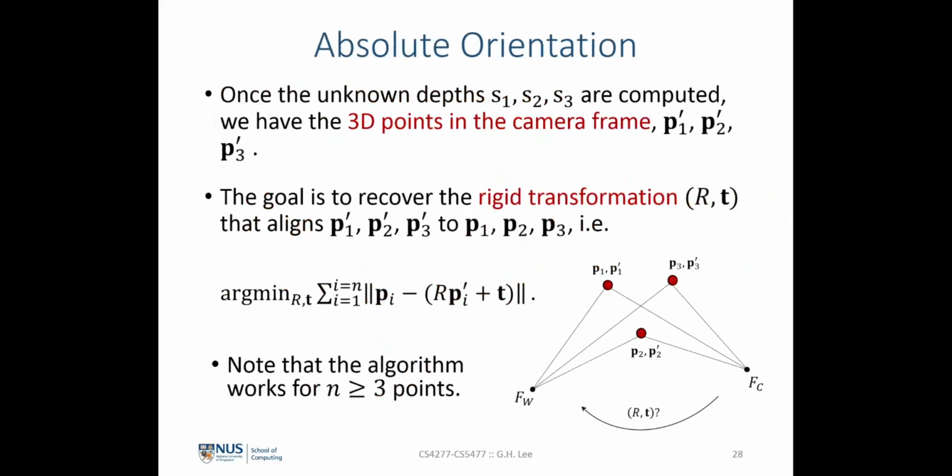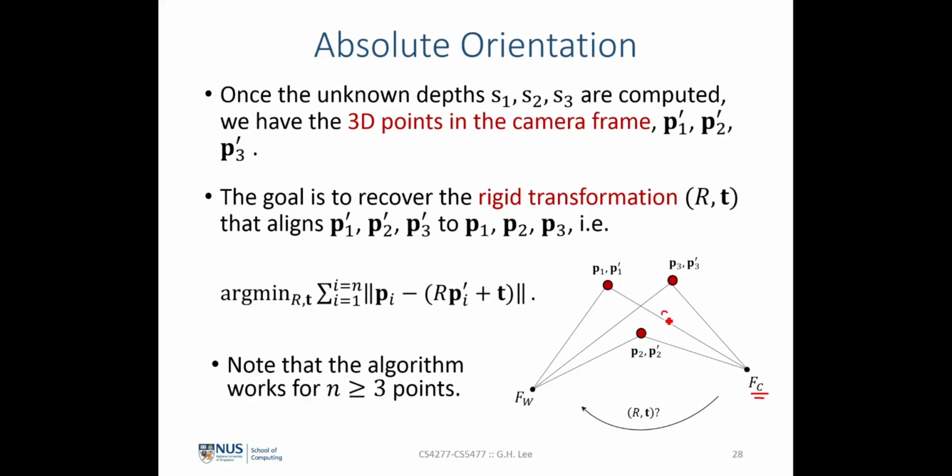And what it means here by solving for the unknown depths is that we know the depths with respect to the camera center, which is denoted by FC over here, and S1, S2, S3 are the magnitudes of this vector.